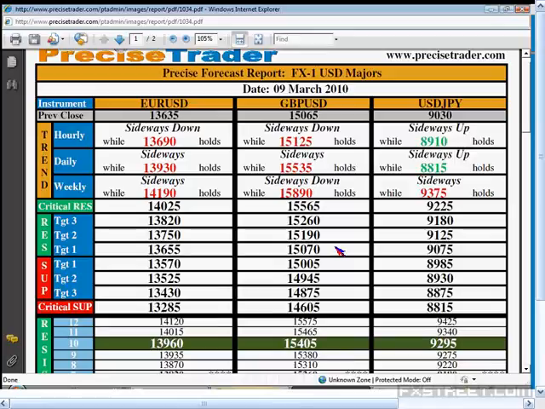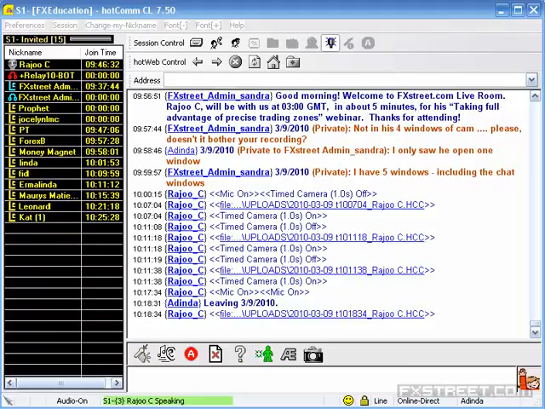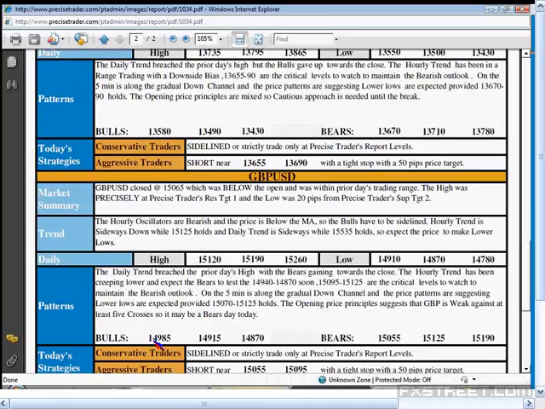Of course, if it doesn't reach that level and the market turns, then I can go for a sell. But if you recall, earlier on I showed you the bulls and bears levels, right? So here we have a bears level, which is 15055. That can be a selling opportunity as well.